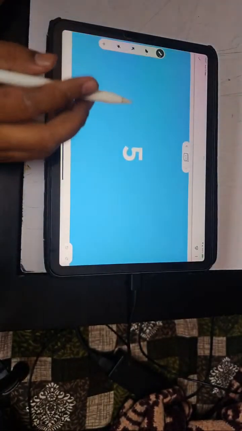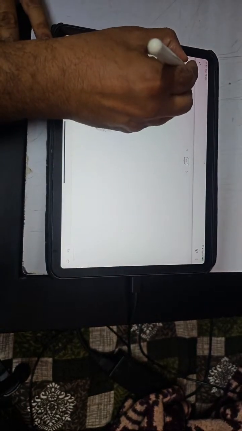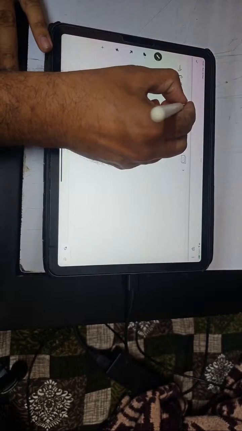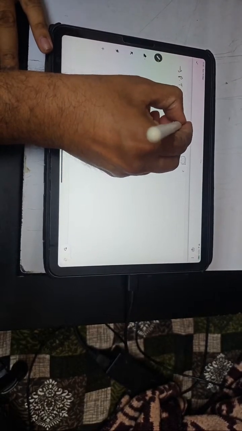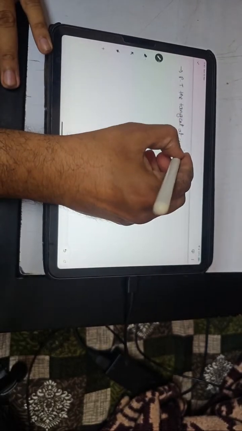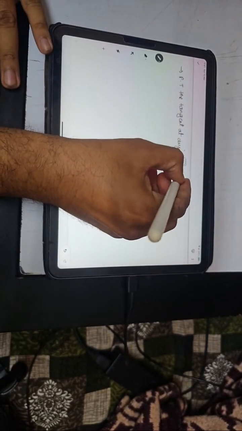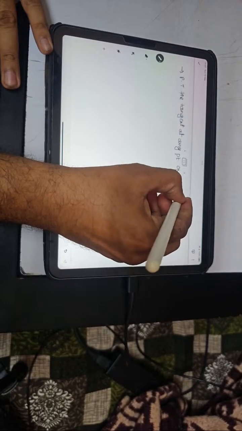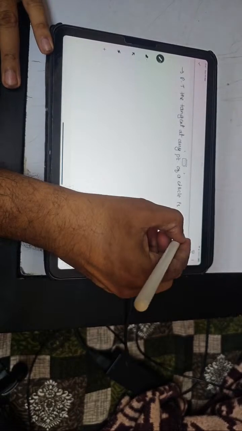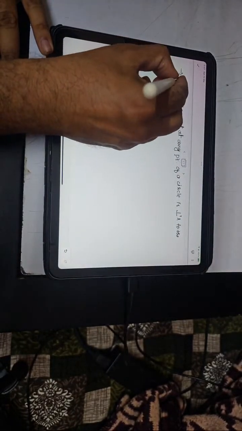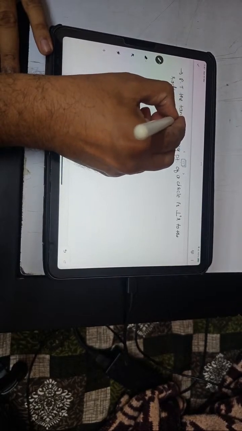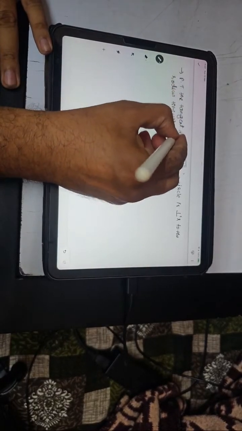It says, see, prove that the tangent at any point of a circle is perpendicular to the radius through the point of contact.